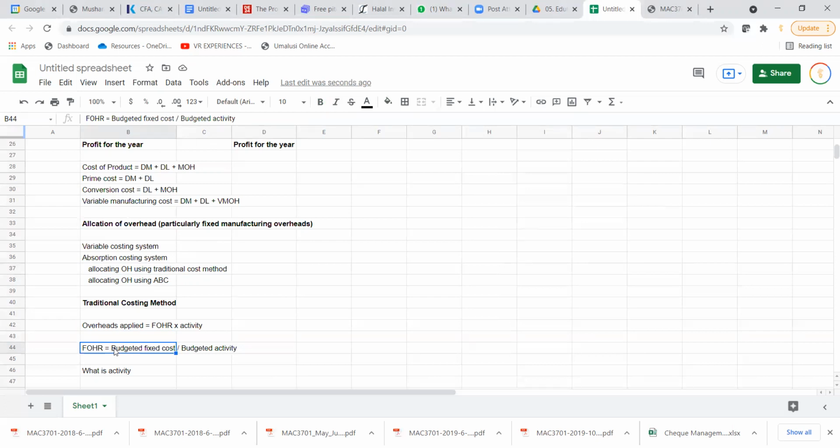By the end of the 8 lessons, before we start the revision classes, you should have a good grip of thinking through a MAC3701 question. Remember, my main aim is to make sure that you know the theory and you can apply the theory to any possible question.